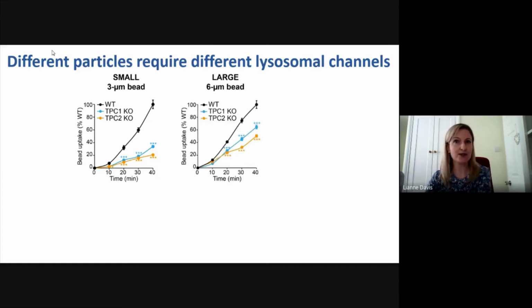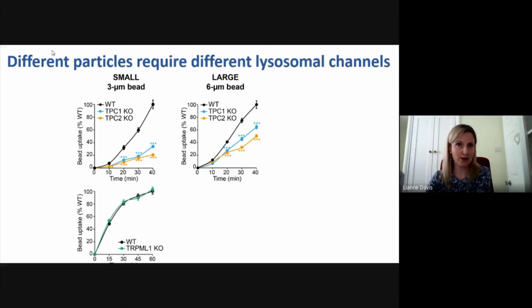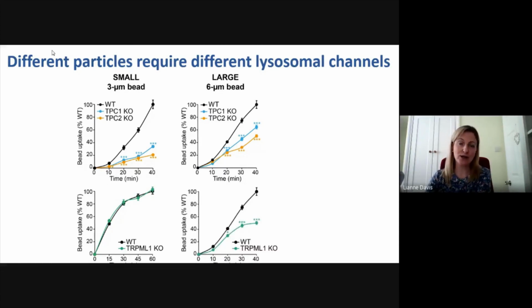And this dependence on TPCs also holds for larger beads, 6 micron beads, as uptake is also reduced in the knockout cells. In contrast, TRPML1 knockout has no effect whatsoever on the uptake of small beads, but it does inhibit the uptake of large beads.